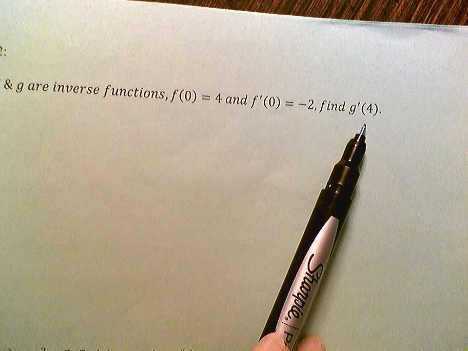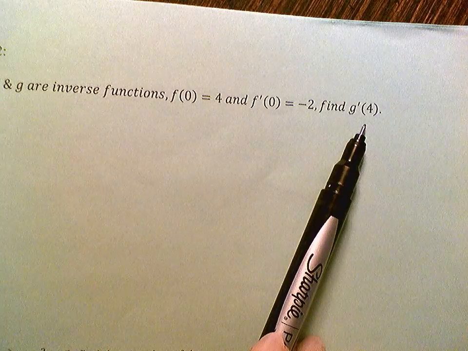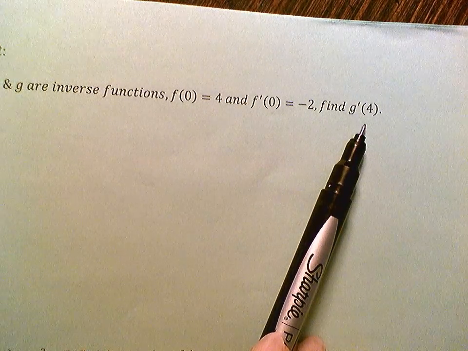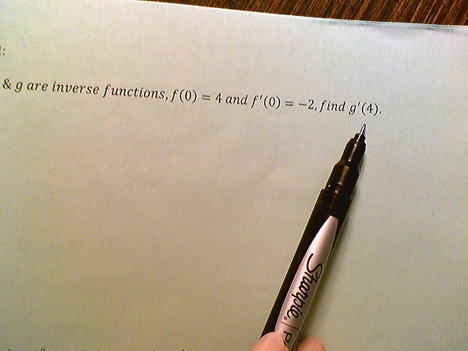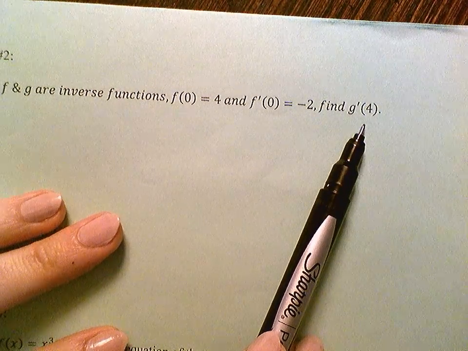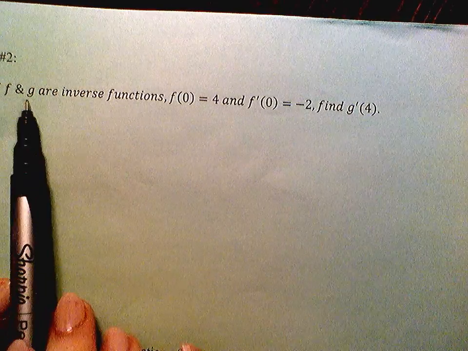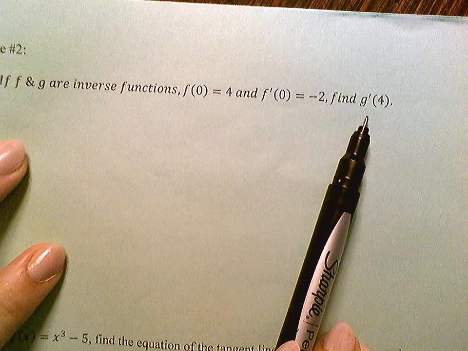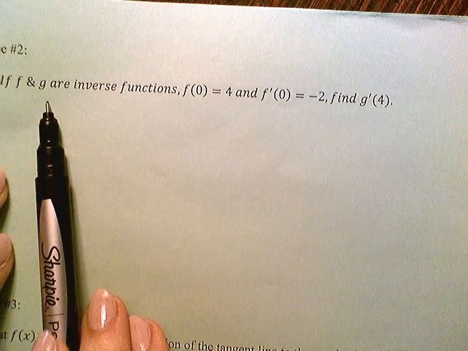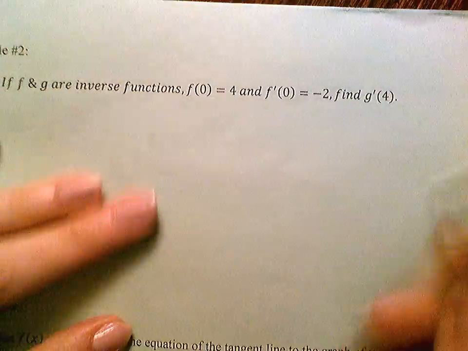We don't know g, we don't know f, and they're asking us for g prime. If you've got inverses to begin with and they're asking you to find the value of one of their derivatives, then you should try to use the formula.